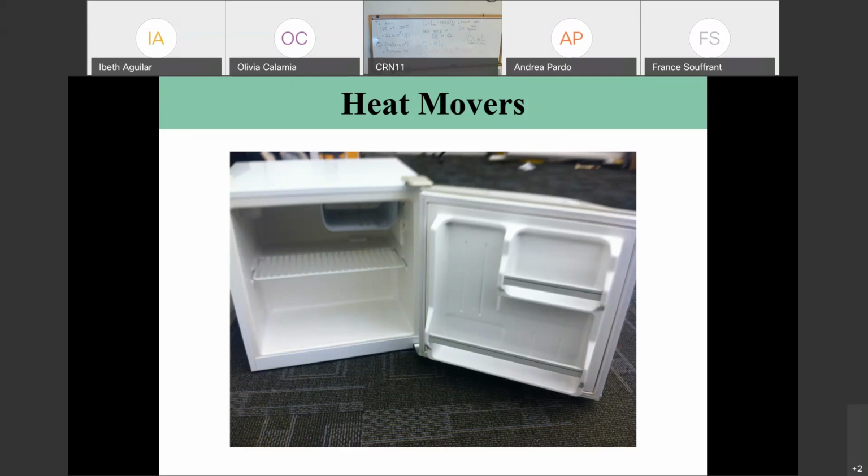And it doesn't have much to do with thermodynamics or heat movers. The main reason why a refrigerator that comes with a freezer must have it at the bottom is because of how heat is transferred. If you remember when we talked about convection, there is something called convection cycles.